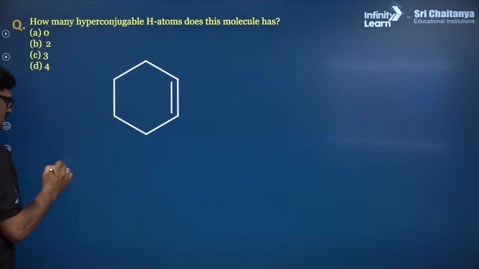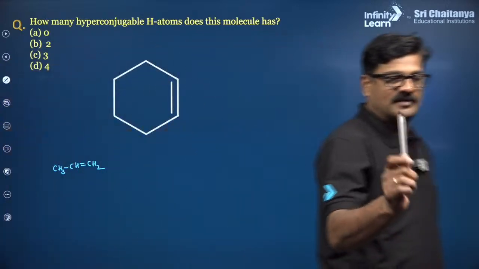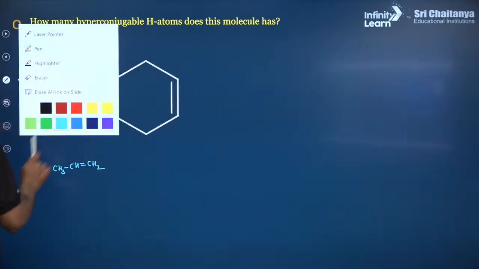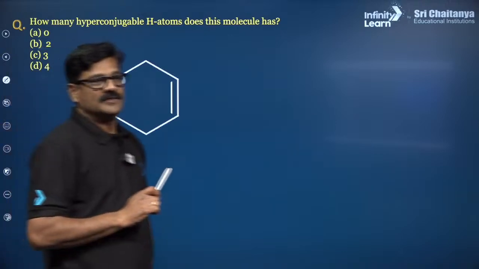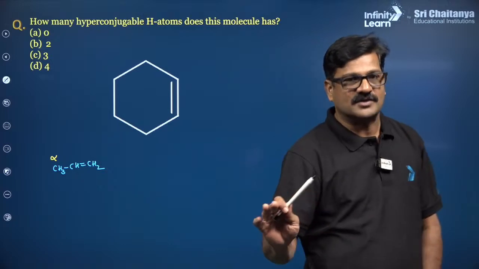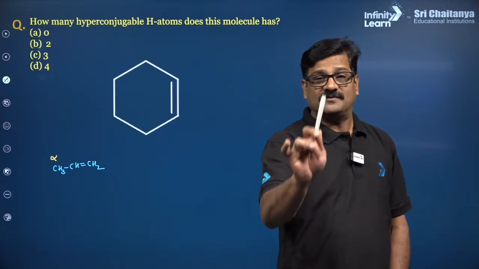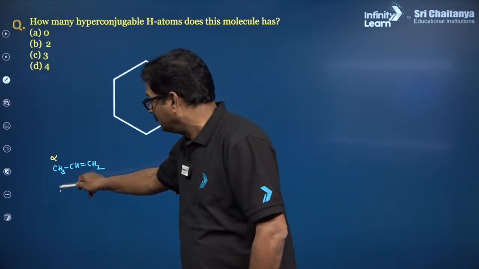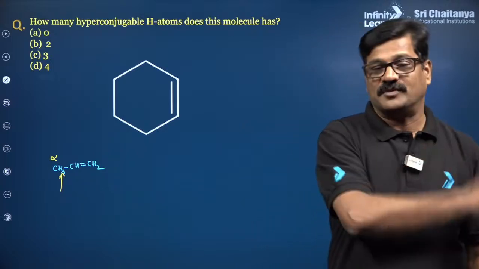Take CH3-CH=CH2. The carbon that is directly attached to the carbon of the double bond is called the alpha carbon, mind it, and the hydrogens attached to the alpha carbon are called alpha hydrogens. Only alpha hydrogens participate in hyperconjugation.